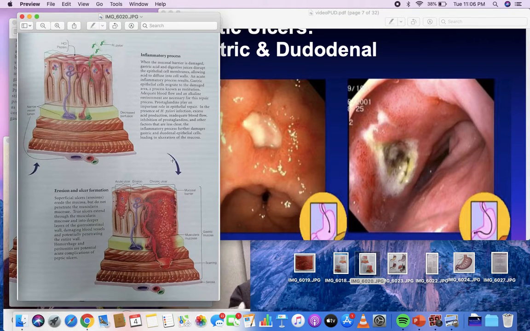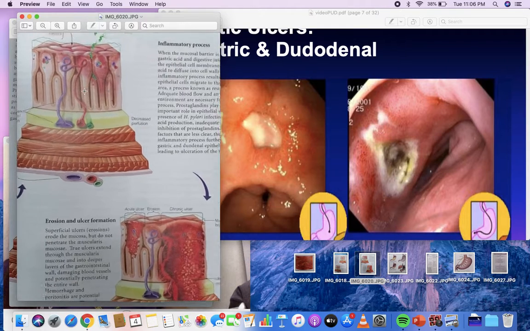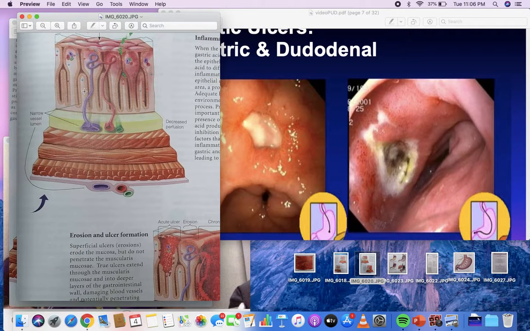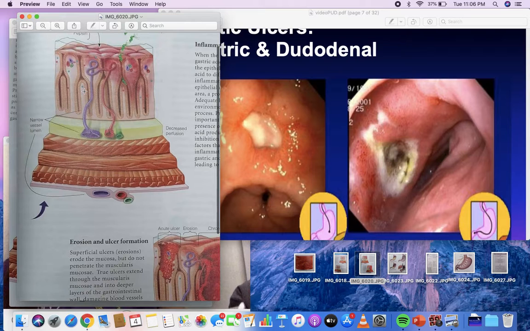So here, in the next picture, is what we can see as the inflammatory process. When the mucosal barrier is damaged, gastric acid and digestive juices disrupt the epithelial cell membranes, allowing acid to diffuse into cell walls. An acute inflammatory process results. Gastric epithelial cells migrate to the damaged area, a process known as restitution.